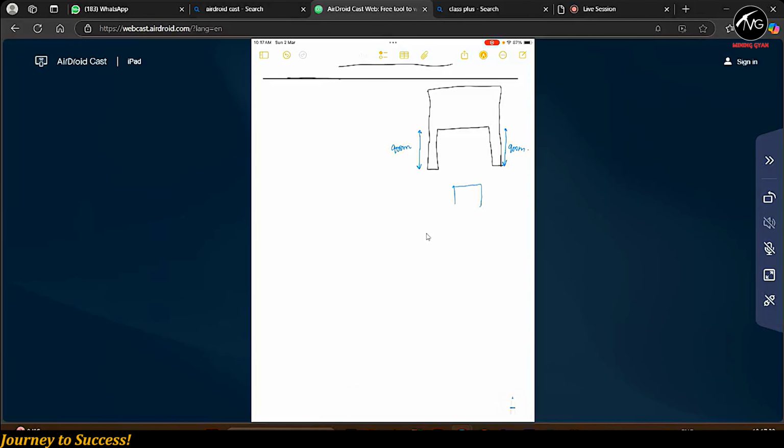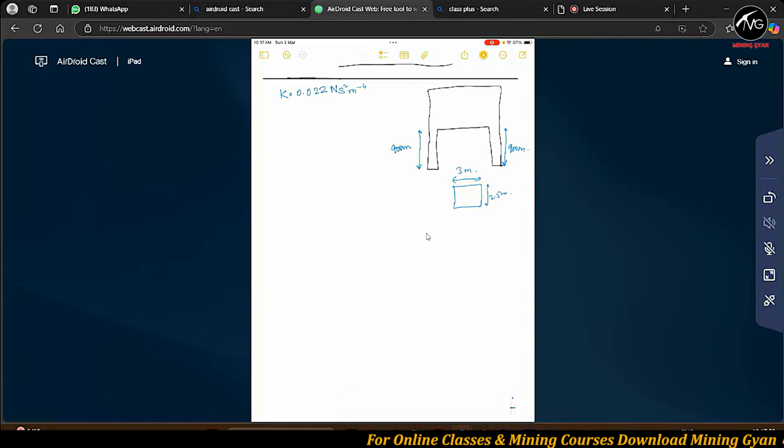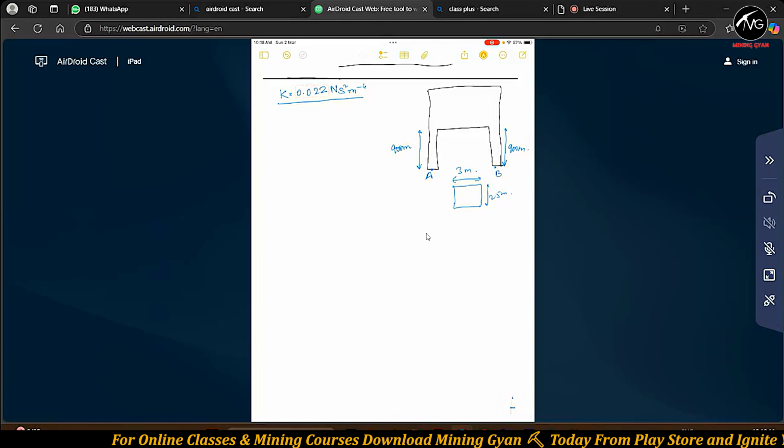The cross section of the gate road is 2.5 meter height and 3 meter width. Coefficient of friction is basically the friction factor. Now we have to find the frictional delta P between these two. If this is point A and this is point B, then we have to find out the delta P between point A and B.